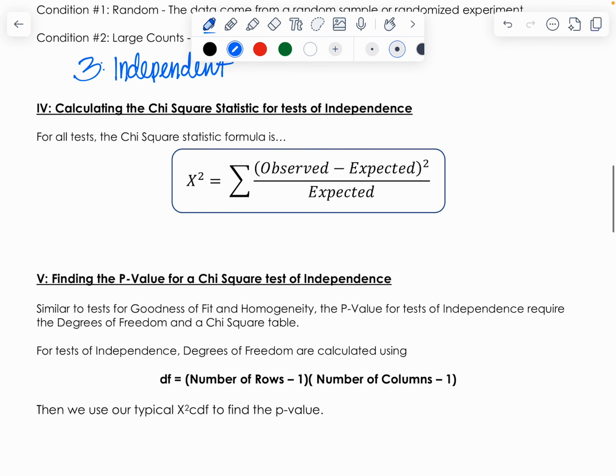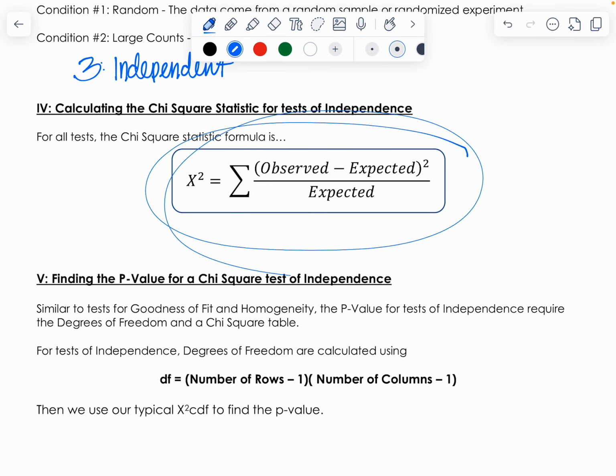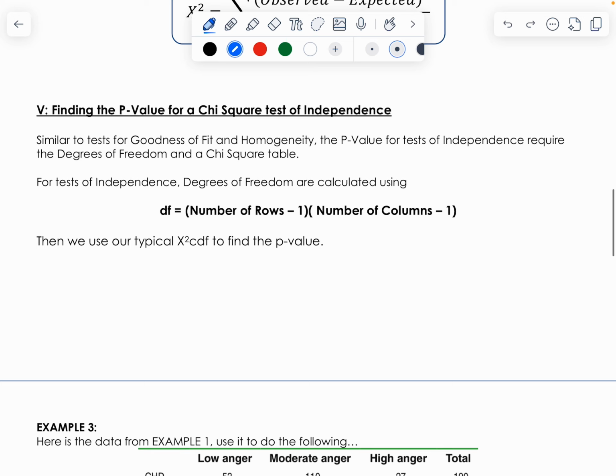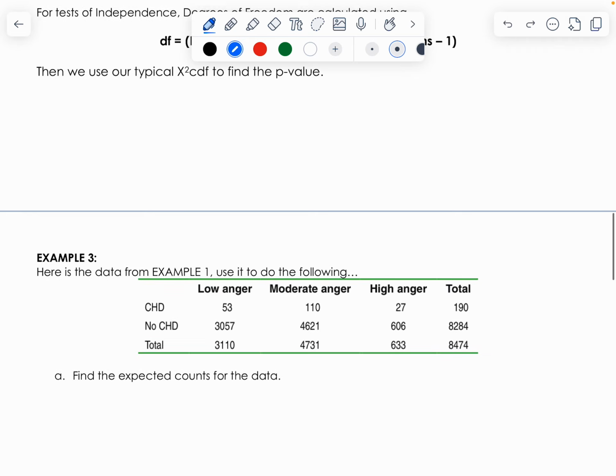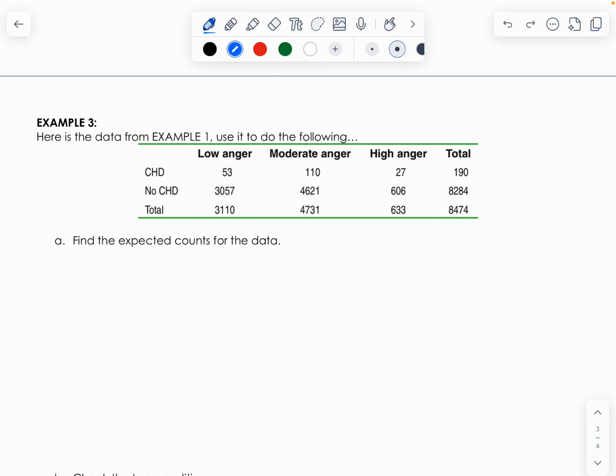And then to calculate our test statistic, we use our same old formula from our formula sheet, the one we have used this whole time. Then finding that p-value is identical as well. So we use chi-squared CDF, where we go from your test statistic to 1,000 or 10,000. And then our degrees of freedom are equal to the number of rows minus 1 times the number of columns minus 1.